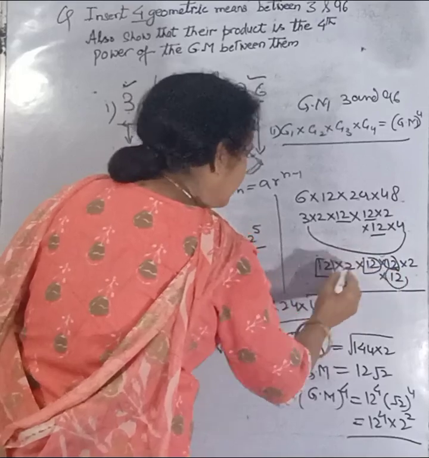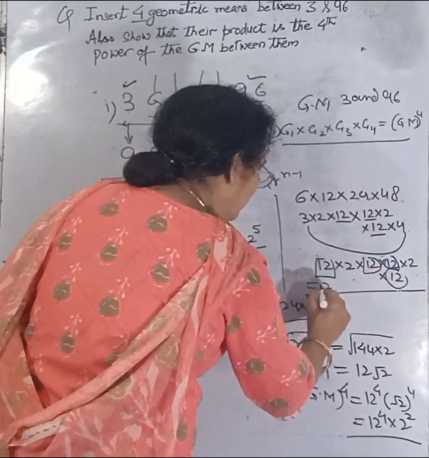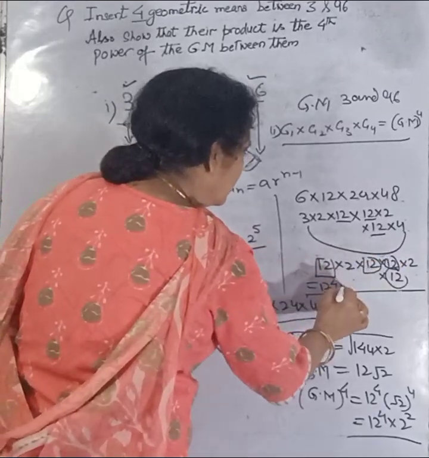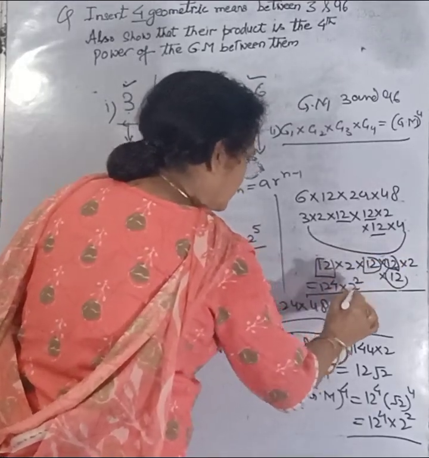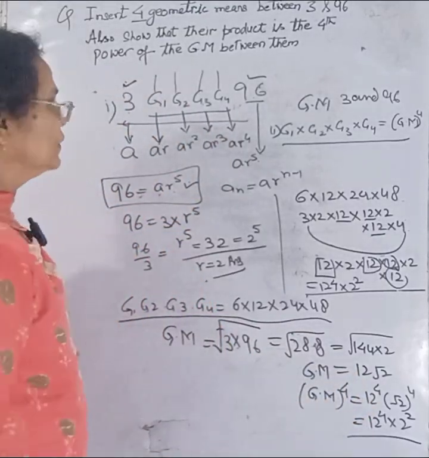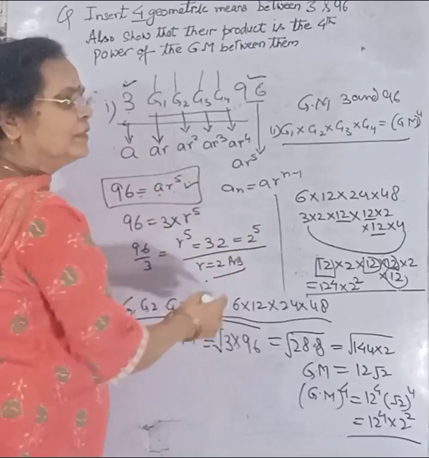It can be written as 12 to the power 4. Correct? Now this is 2 to the power 2. Proved. It is proved. So it was easy, but a trick is to be applied.